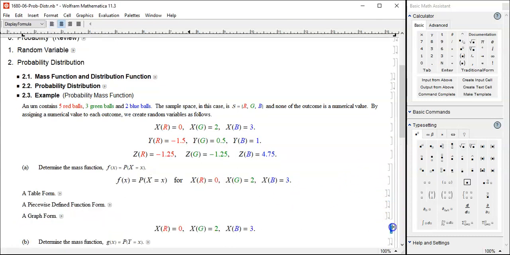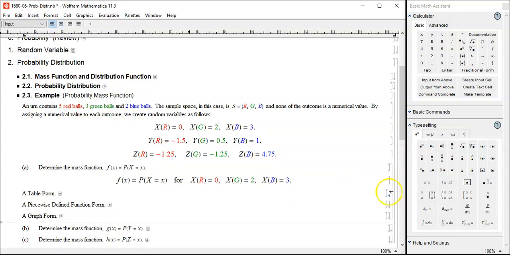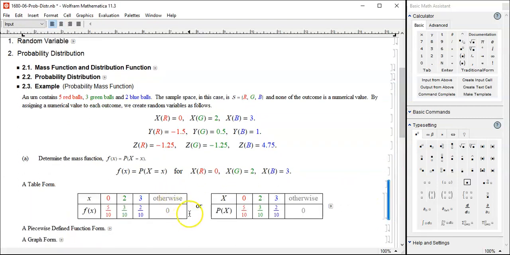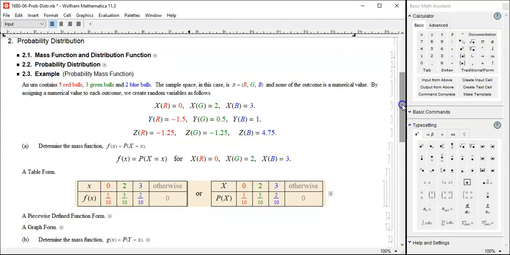One good way to do that is to use a table form like this. Please pay attention to this table on the left-hand side. On the top, we have possible numerical values, 0, 2, or 3, which correspond to RGB, and those are the top. And then the probabilities go to the second row, 5/10, 3/10, 2/10.